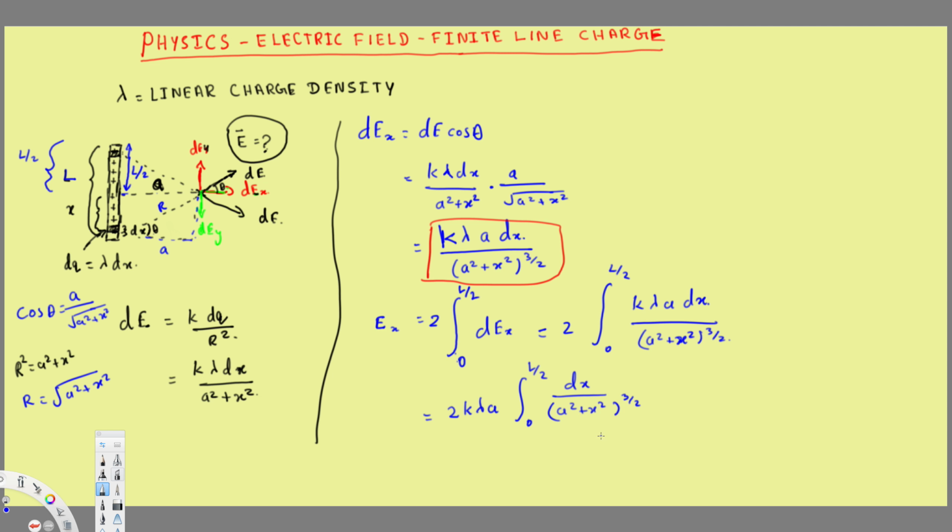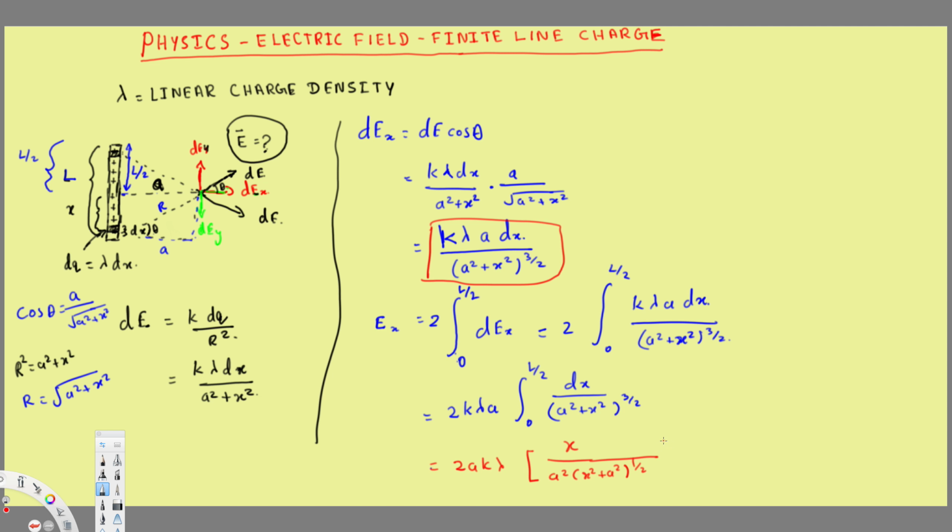Now all you have to do is simply integrate this one. So let's see what happens if we integrate. If I integrate this one right here, that will give us 2ak lambda, x over a square times (x square plus a square) power half.